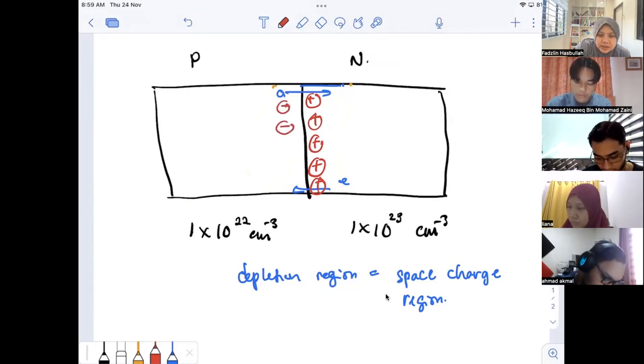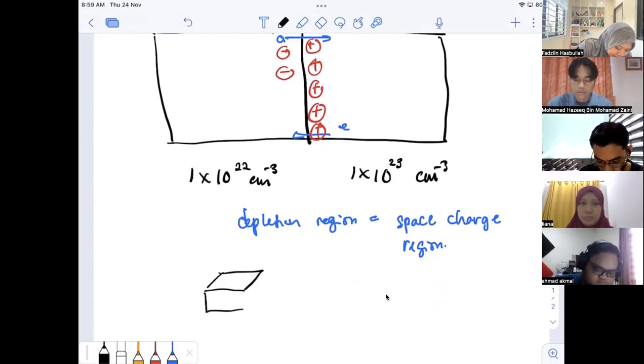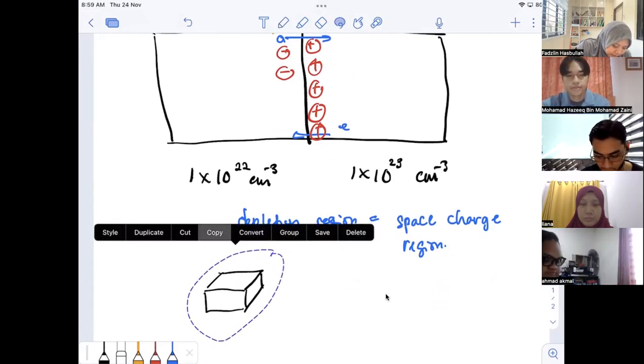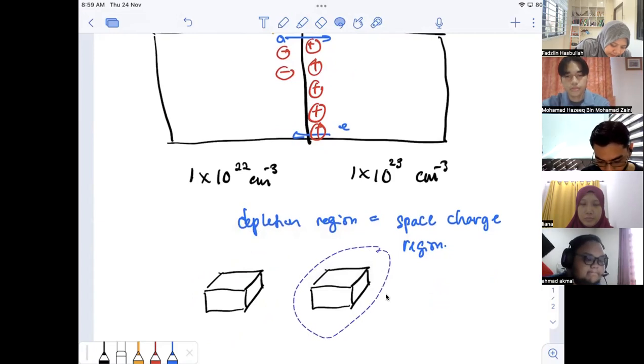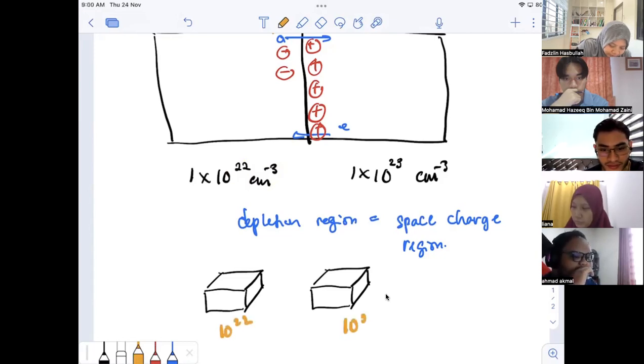The difference is in the concentration. When the concentrations are different, if you want to visualize this, for the same volume, let's say hypothetically, this one is 10 to the power 22 and this one is 10 to the power 23.